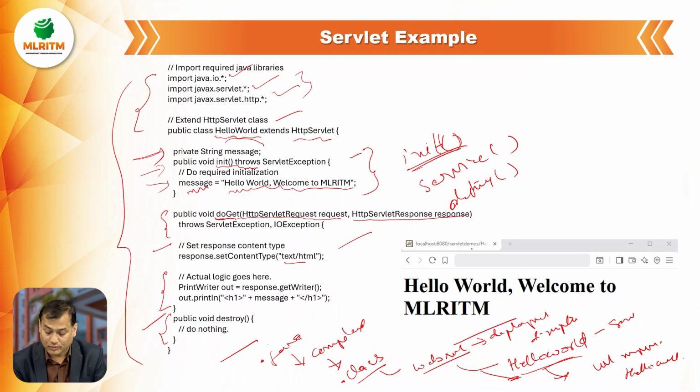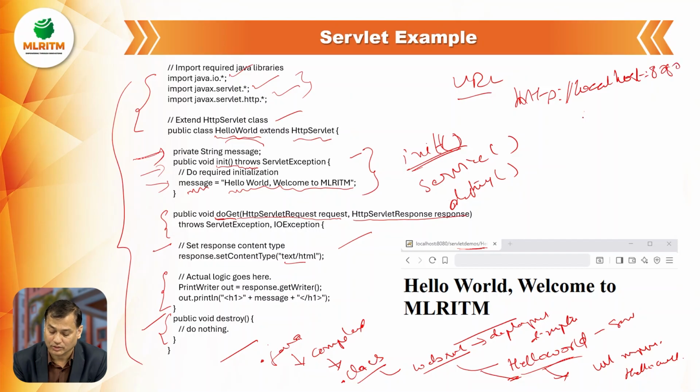When it is executed, you could see there is a HelloWorld pattern that is typed in the URL. In the URL you type http://localhost, with the port number listening at 8080 if it has one, followed by the folder or directory name if you have created any, followed by the servlet name.